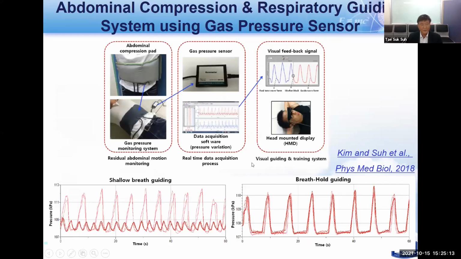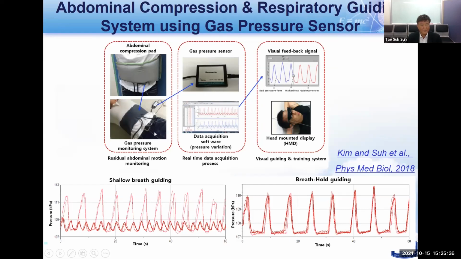This slide shows the updated respiratory guidance system under abdominal compression. This developed system consists of an abdominal compression pad, gas pressure sensor, and visual biofeedback device.